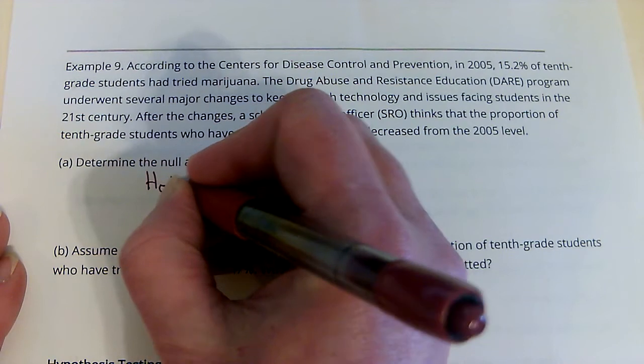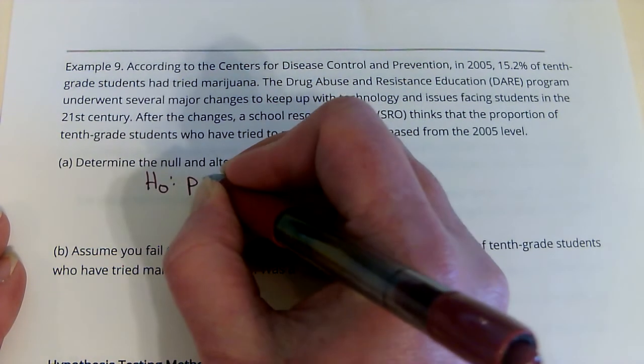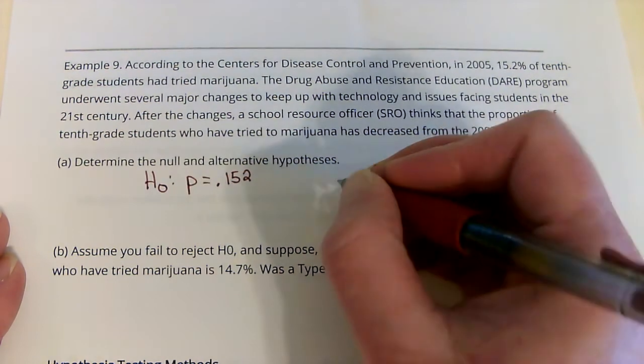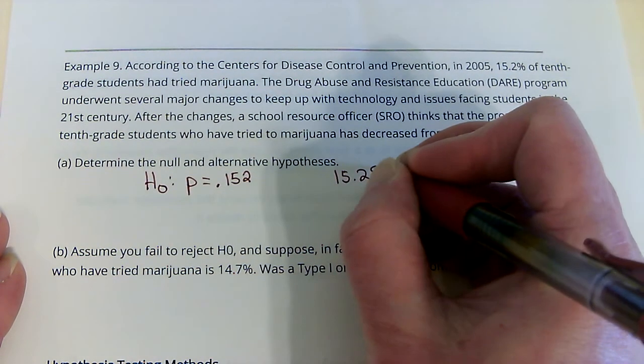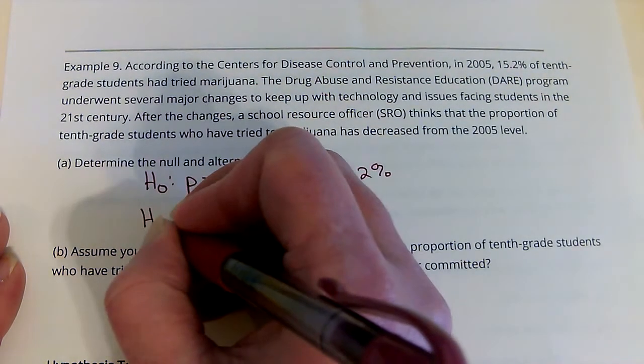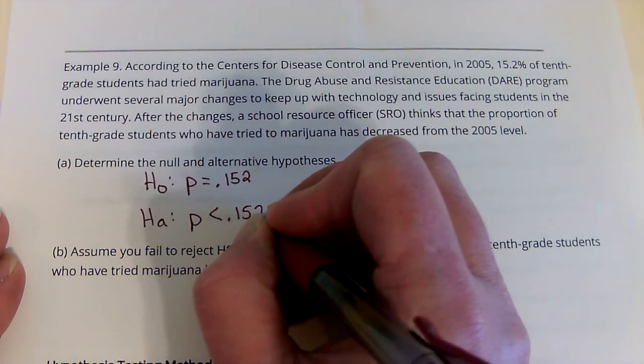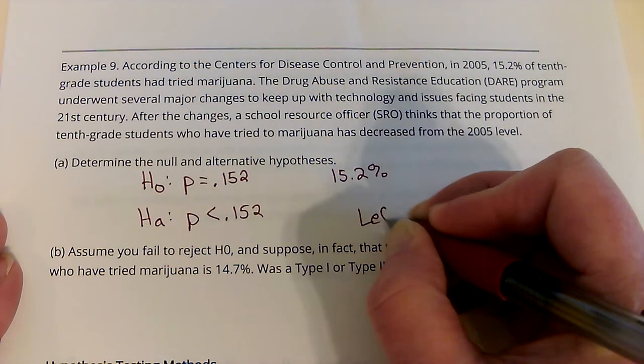So he thinks it's decreased. It was 0.152, that's 15.2%, no change. He thinks it has decreased. That's a left tail test.